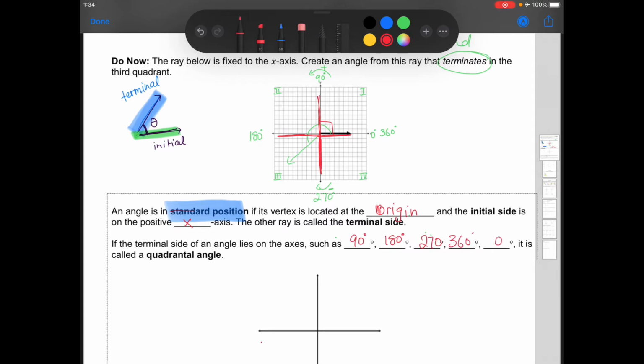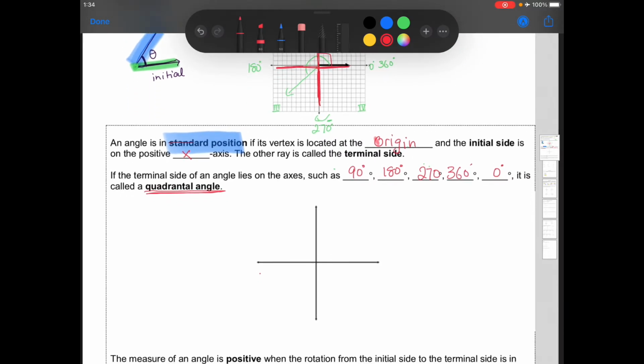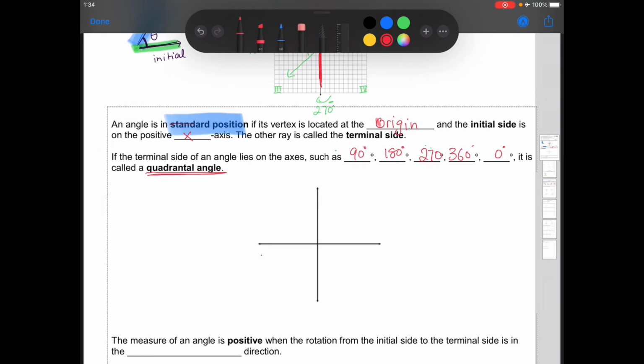I wanted to do 0 also, and 0 degrees. I should have started with 0, right? So it is called quadrantal angle. Your quadrantal angles are your angles that are on the axis. So 0, 90, 180, 270, 360, and so on, right?